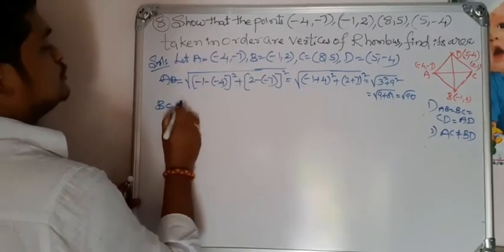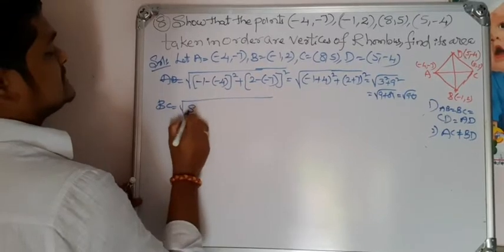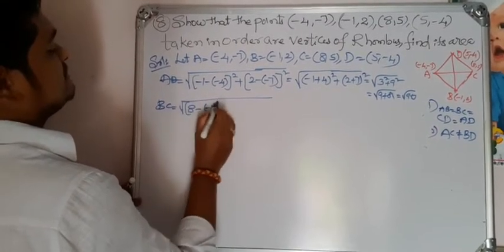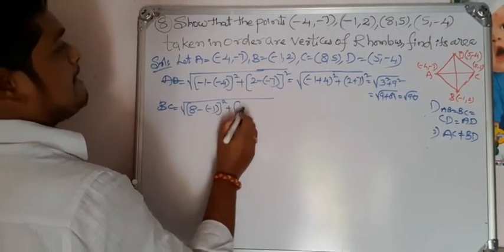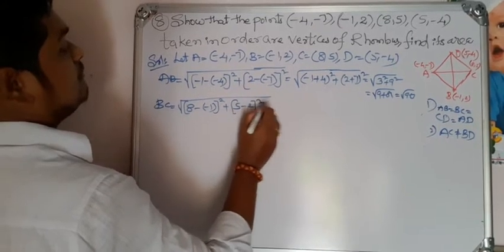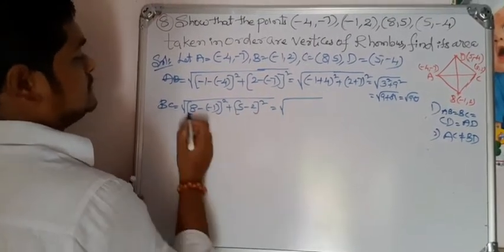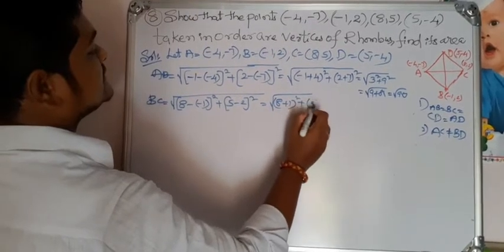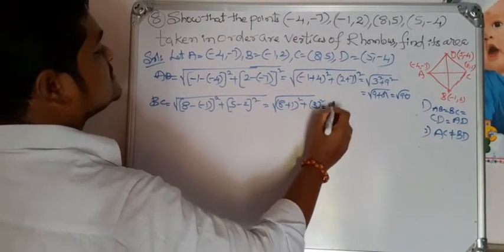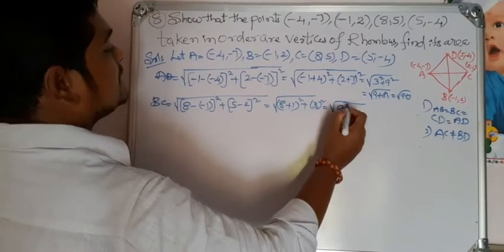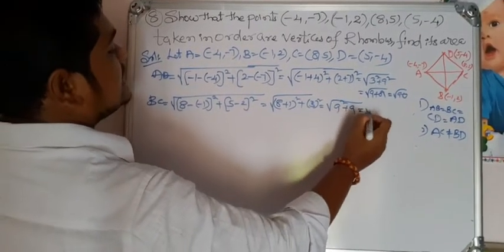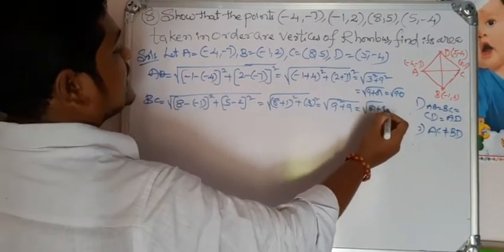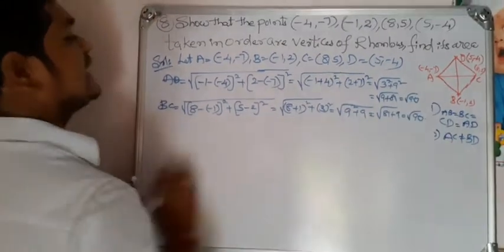And find BC. BC is equal to root of (8 minus of -1) whole square plus (5 minus 2) whole square, that is 8 plus 1 whole square plus 3 square. Simplify: 9 square plus 3 square is 81 plus 9, so this is also root 90.